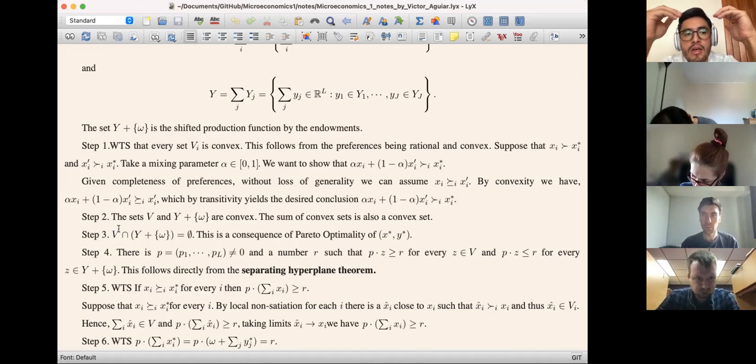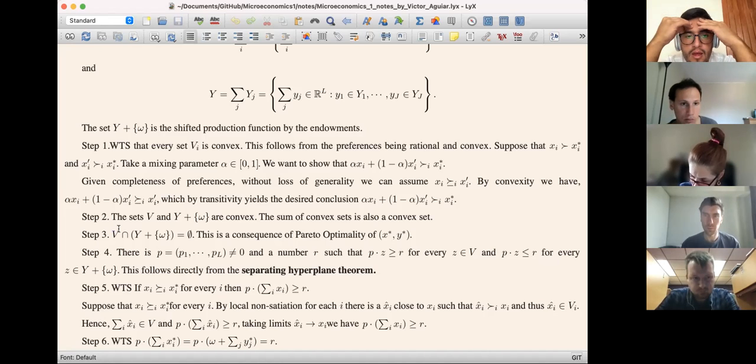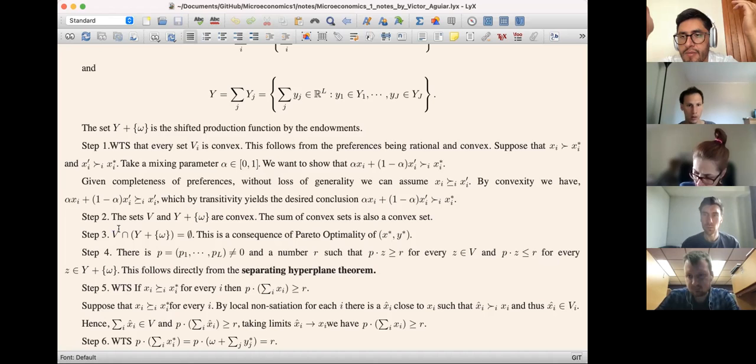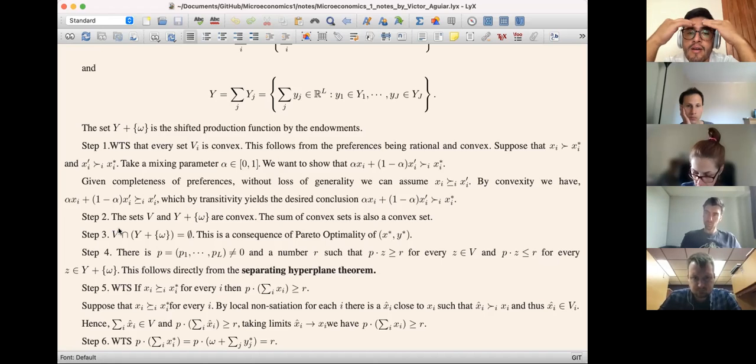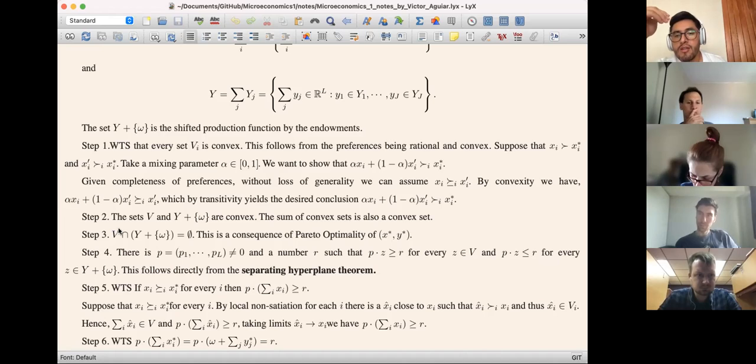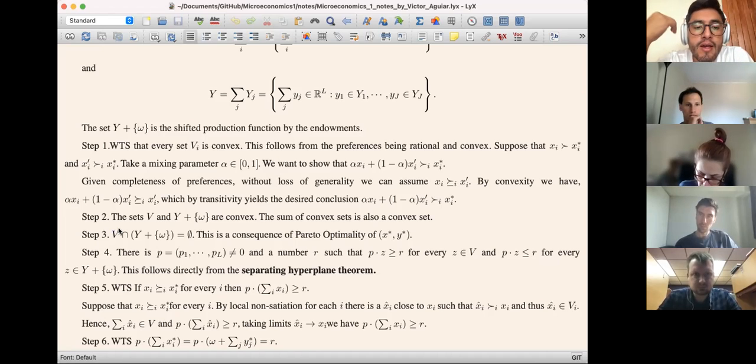The result says that if these two things hold, two convex sets that have an empty intersection, then there is a hyperplane, captured by a number R and a price vector P. Any element in capital V has to satisfy that P multiplied by it is greater than or equal to this constant R. And the same thing happens with the other set with the opposite sign: P times Z is less than or equal to R.